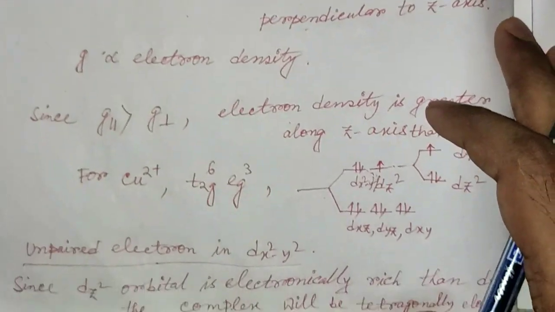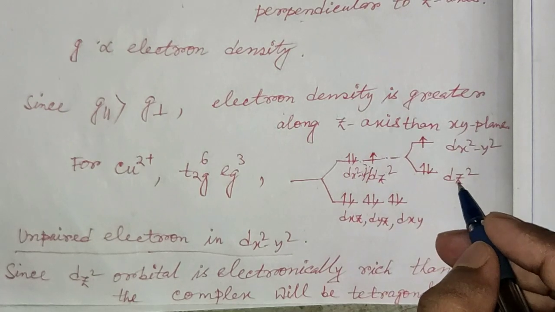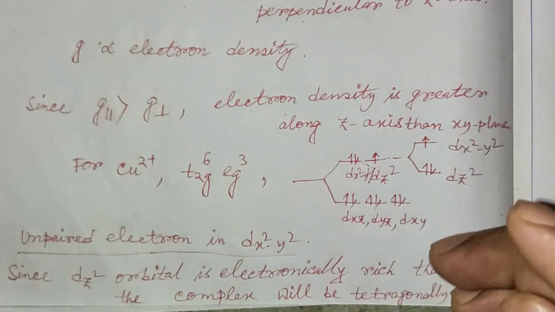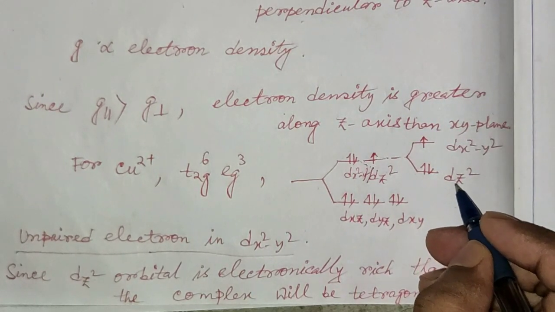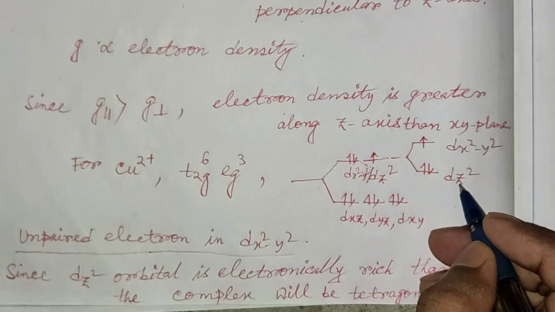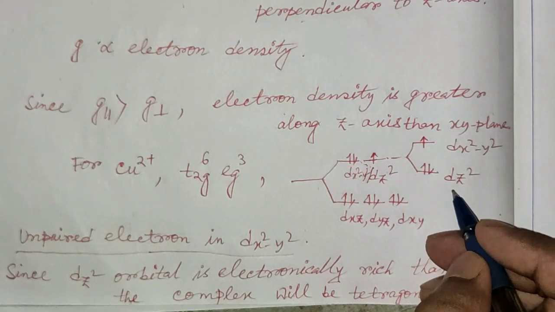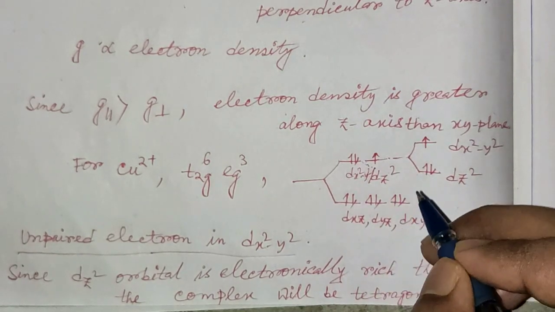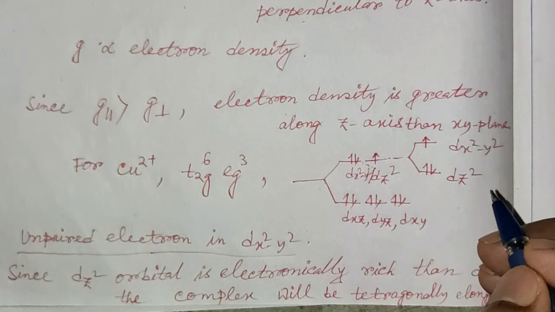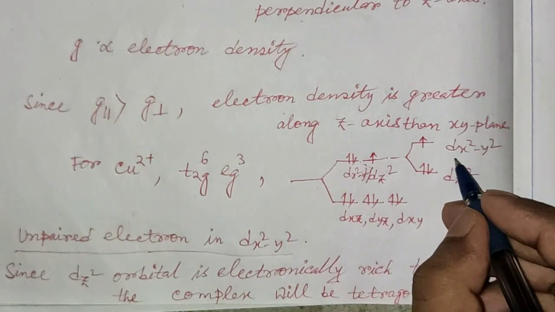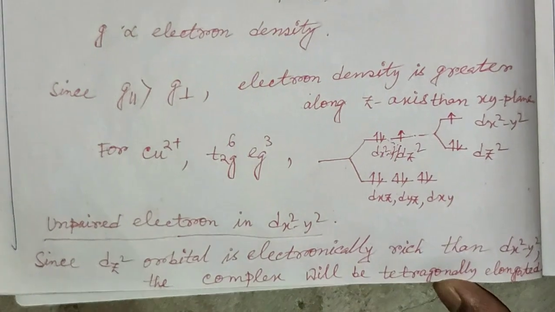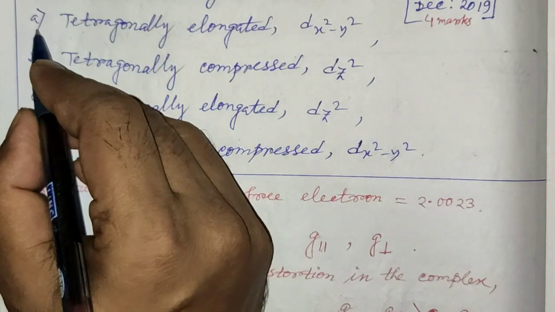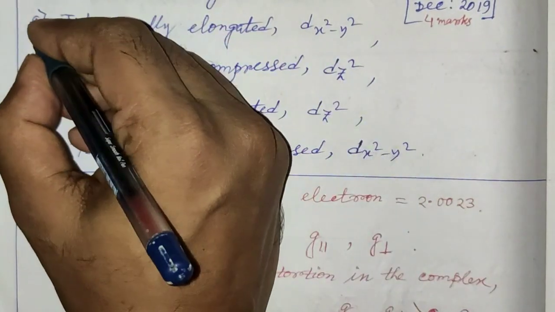Since two electrons are in the dz square orbital, the axial ligand will feel electronic steric repulsion along the z axis, and it will be tetragonally elongated, that is, it will elongate along the z axis. So the complex will be tetragonally elongated and the unpaired electron will stay in the dx square minus y square orbital. So option A, tetragonally elongated and dx square minus y square, is the correct answer.